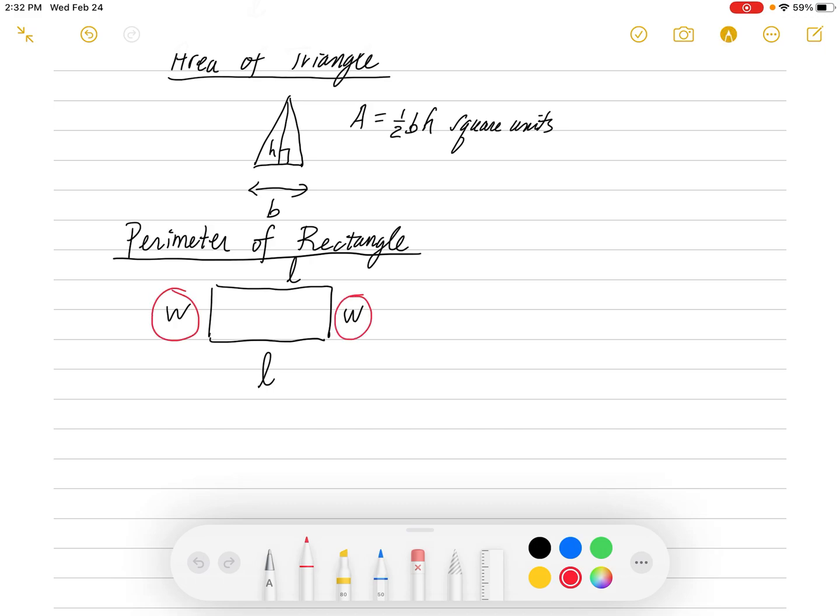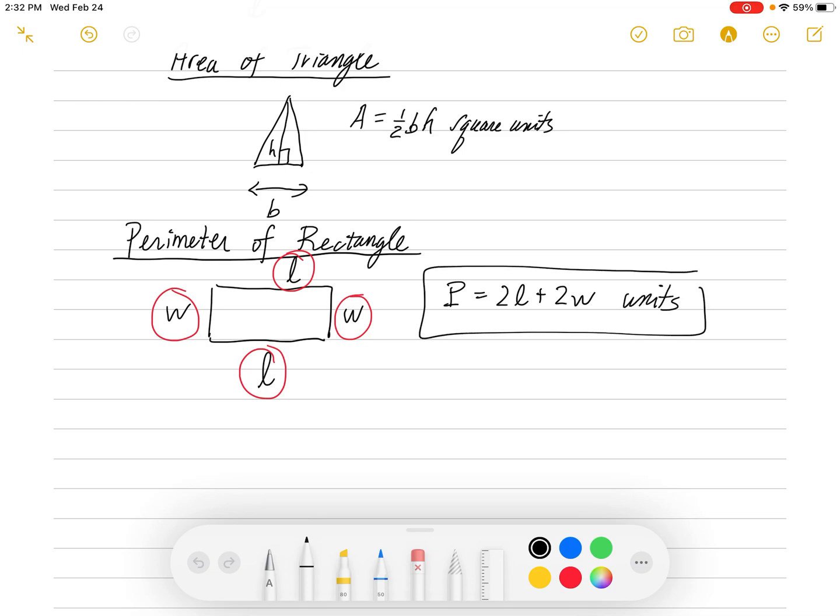So you take the 2 W's, add them together, the 2 L's, and add them together. So add all the sides together, and you're going to get the perimeter, P. The perimeter, we're going to use P for perimeter, is 2L plus 2W. And this is in units, not square units, but individual units.